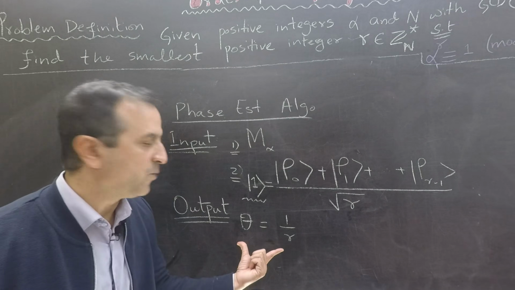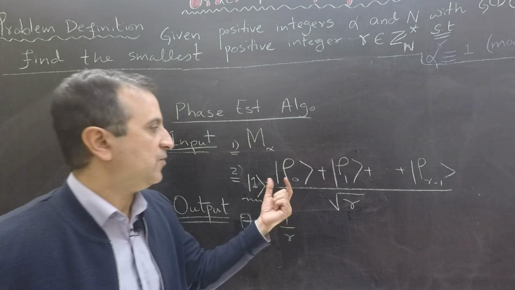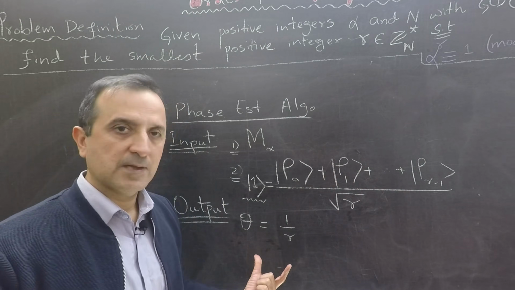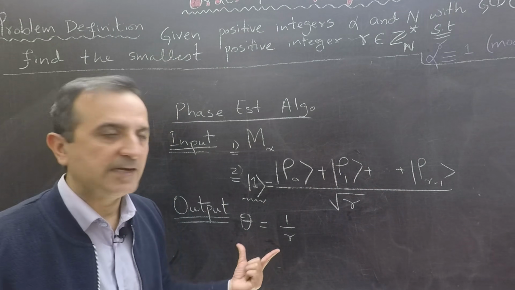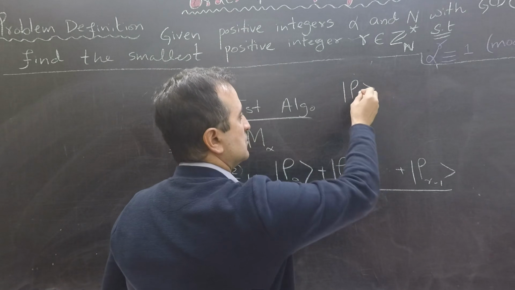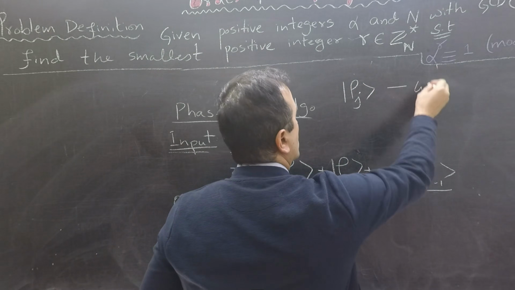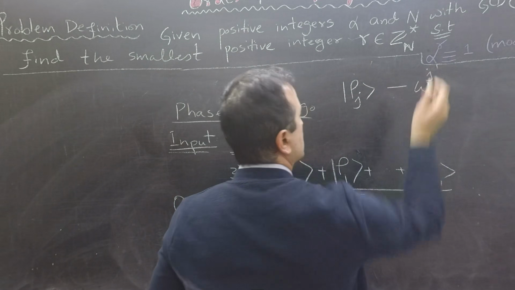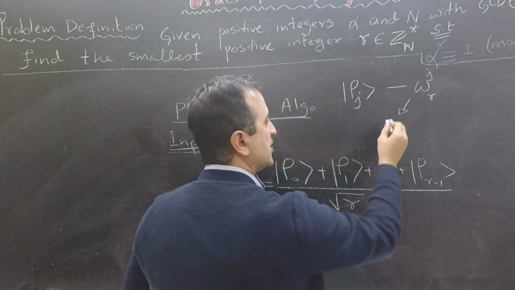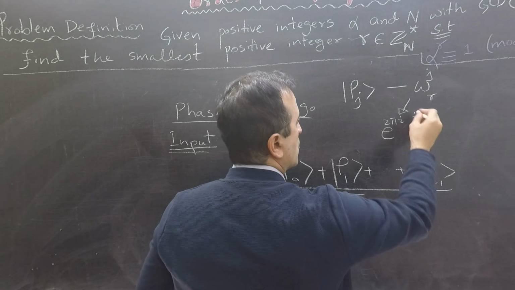So what will be our output? Our output could be a theta of any of those vectors with equal probability. What could be theta of a random vector rho j? So we know that a vector rho j has eigenvalue of omega r raised to power j, and we know that this is equal to Euler constant raised to power 2 pi i j over r.